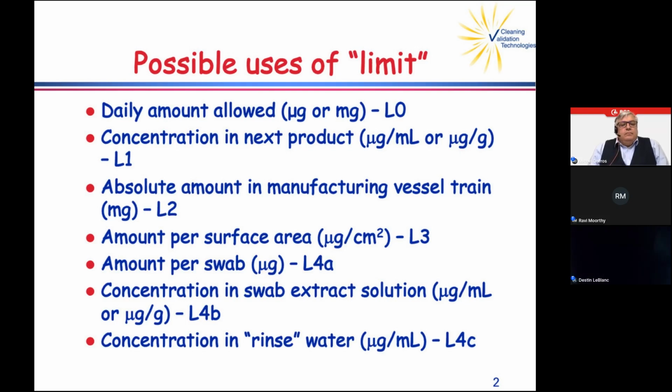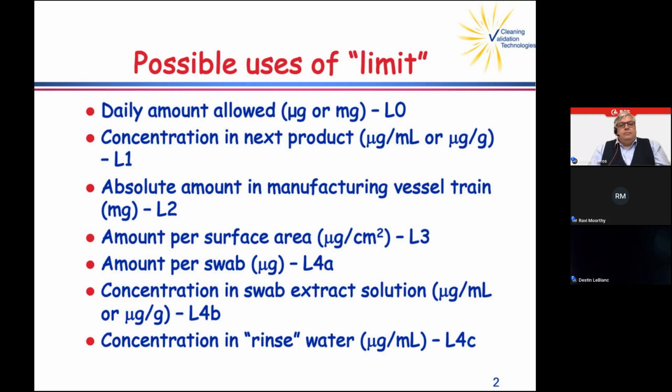Going up on the slide, L4B is the concentration in the swab extraction solution, typically in micrograms per milliliter or micrograms per gram. So when you do swabbing, you take the swab and put it in a vial with liquid, and then you measure the concentration in that liquid. Some companies express limits that way.